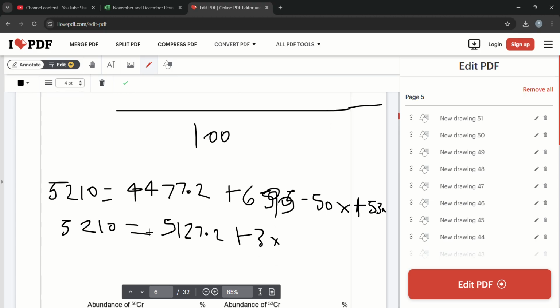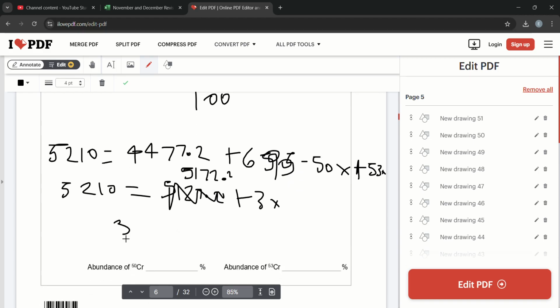So we'll get 4477.2 plus 695, 5172.2. 5210 minus 5172.2, so 3x equals 37.8.